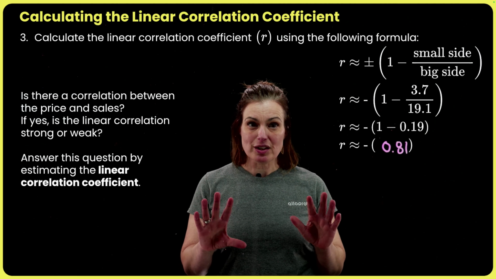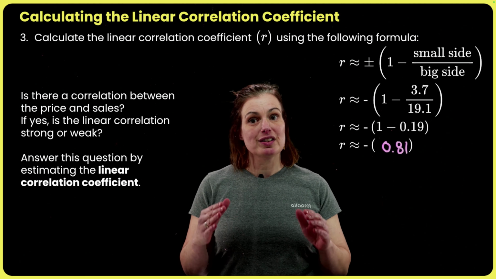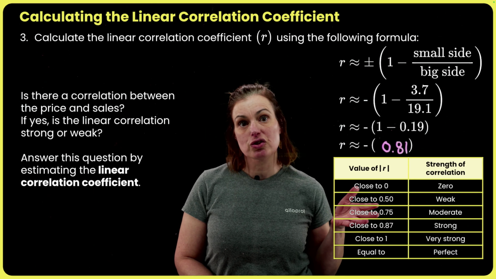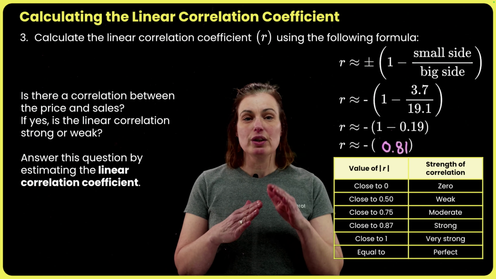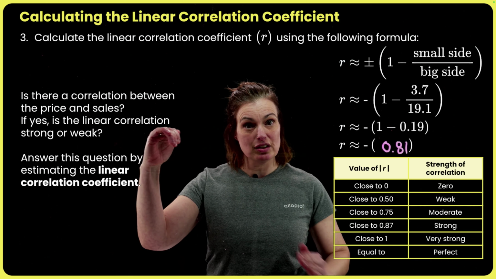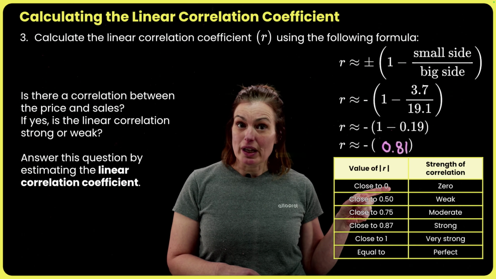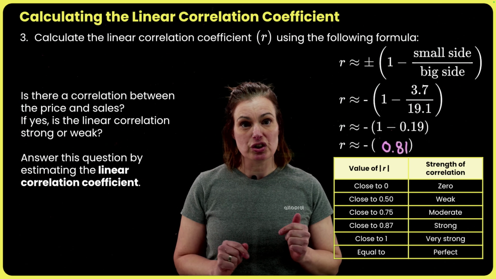We know that it's approximately negative 0.81, but we need to figure out whether this is a strong or weak correlation. So in order to do that, we're going to take a look at this chart here. And the negative, we know, talks about the direction that the data is trending, and we know that this is a decreasing trend in our data. So to talk about the strength of the correlation, we're really going to look at the absolute value of our linear correlation coefficient.